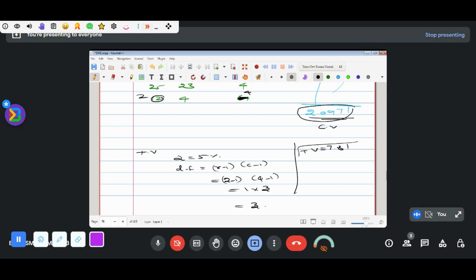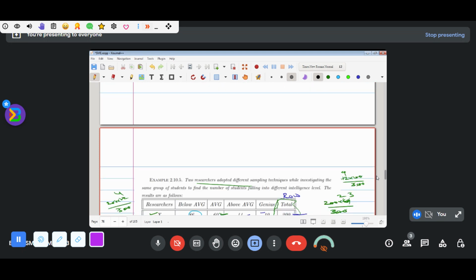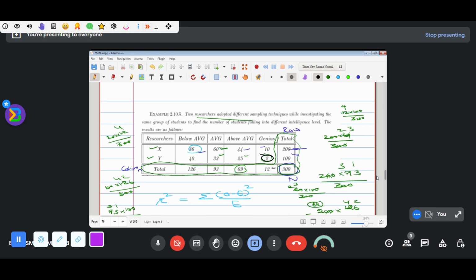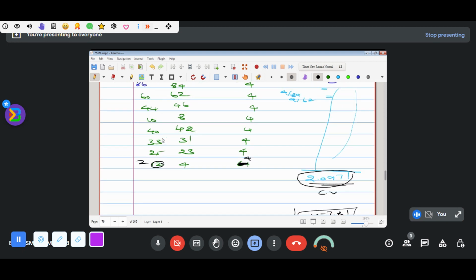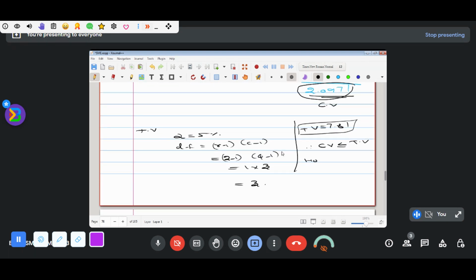The table value is 7.81, but the calculated value is 2.0971. Therefore, the calculated value is less than the table value, so our H naught is accepted. There is no significant difference between the observed value and the expected value. H naught is accepted.